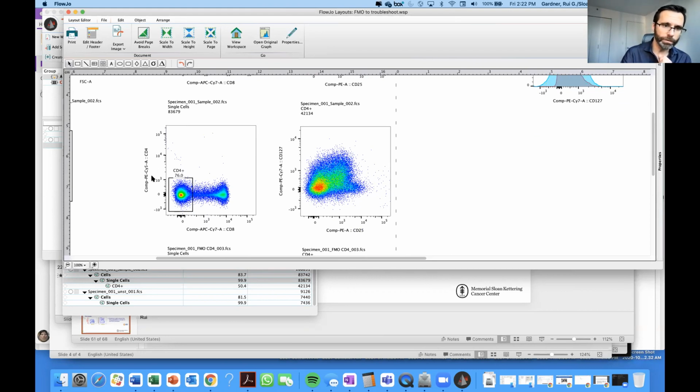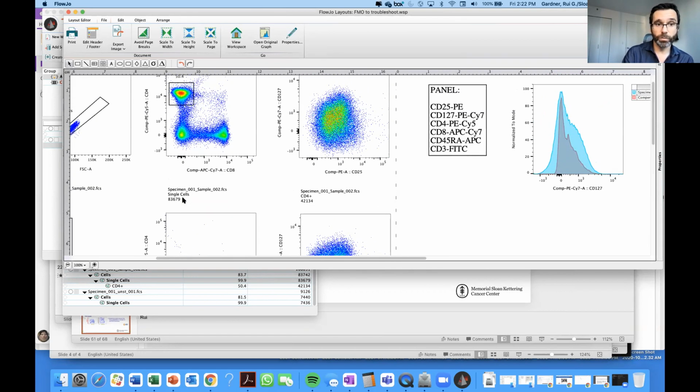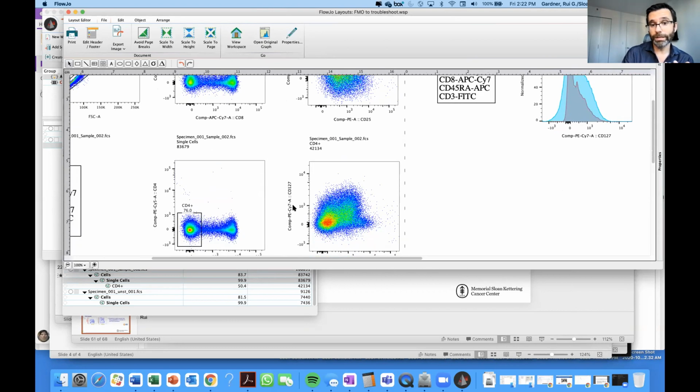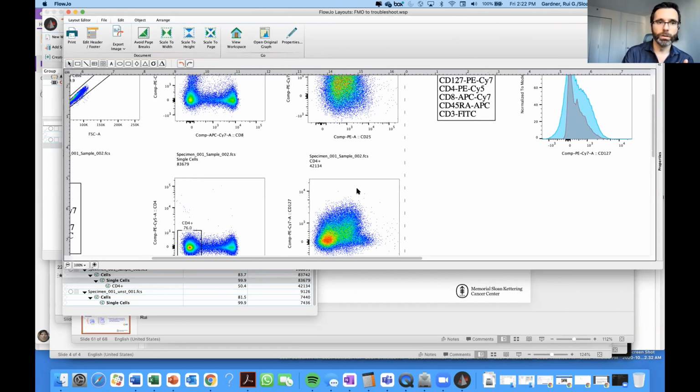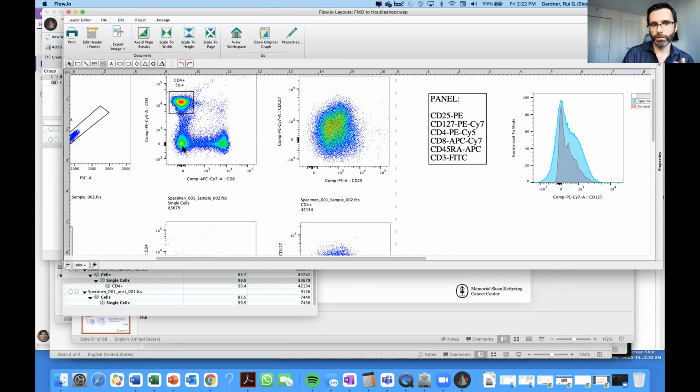CD4 PE-Cy5, right? And this is the FMO, so you see there's no positive CD4s, but we gated whatever was CD4 or CD8 negative, right? And now with this gate, compared to this gate, we're showing the same population, essentially, although of course we're including these cells also because we don't have CD4, so we're including CD4 positive and CD4 negative cells, but that are negative for CD8.